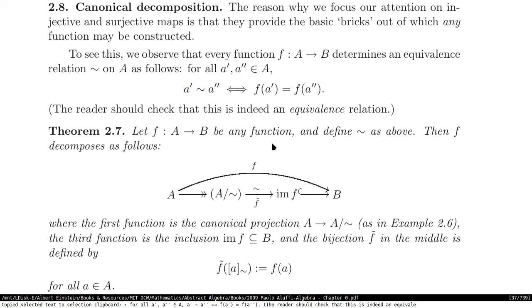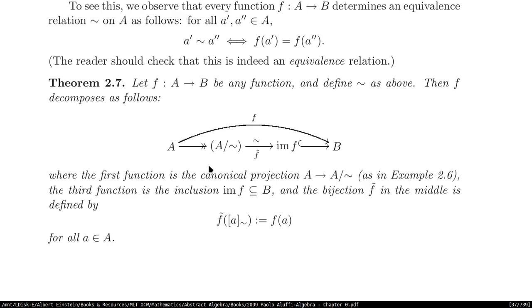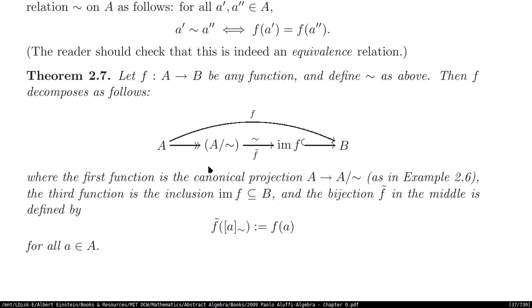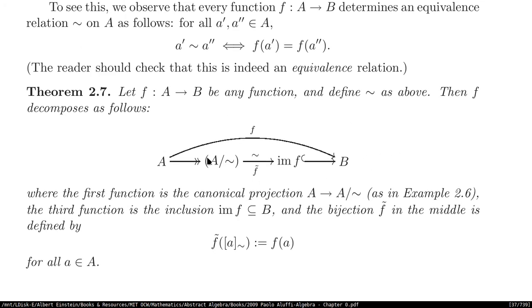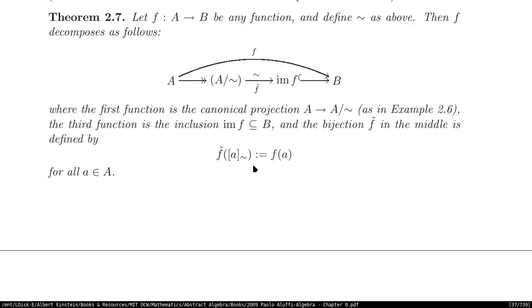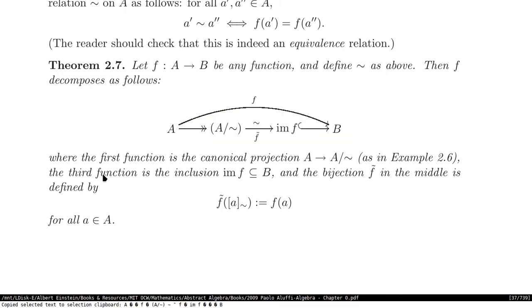Then we can decompose f in this manner. f goes from A to B, but you first have A to A slash tilde, the quotient set of A, and then f tilde, which goes from A slash tilde to the image of A, and then you have an inclusion into B. This is just the diagram.